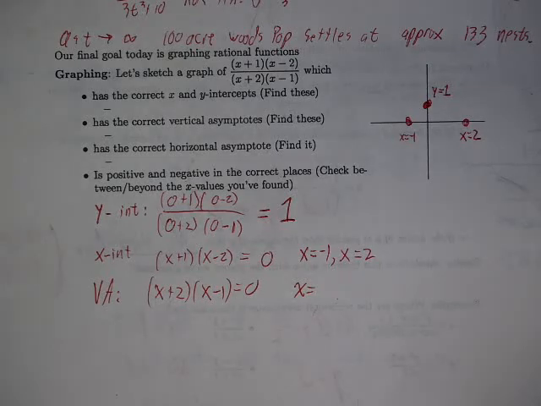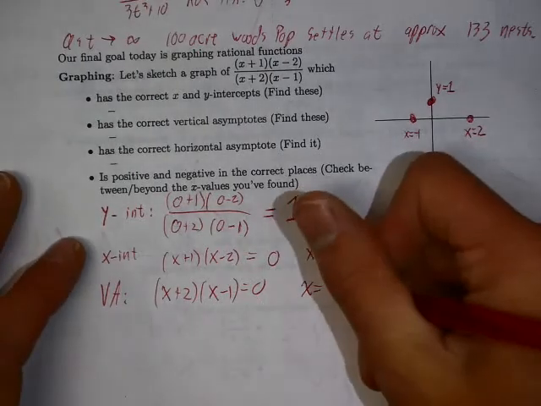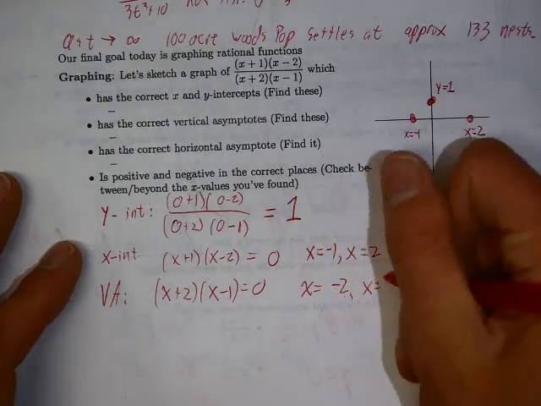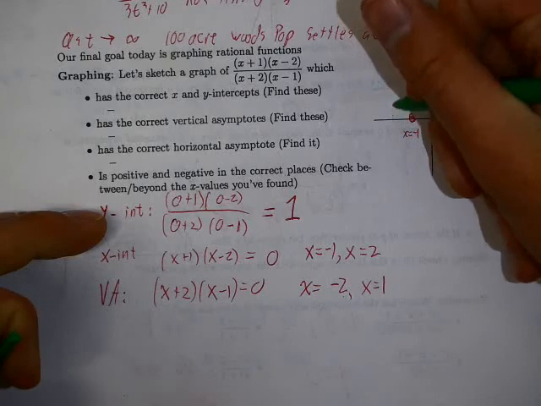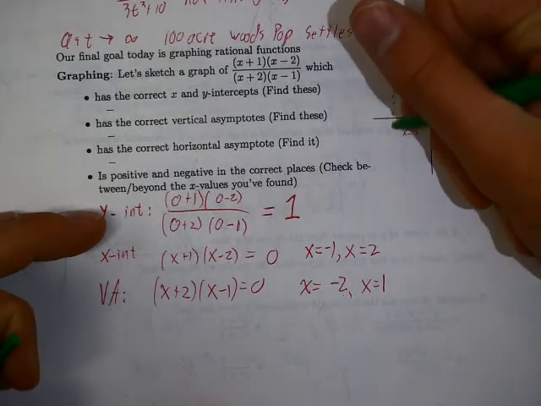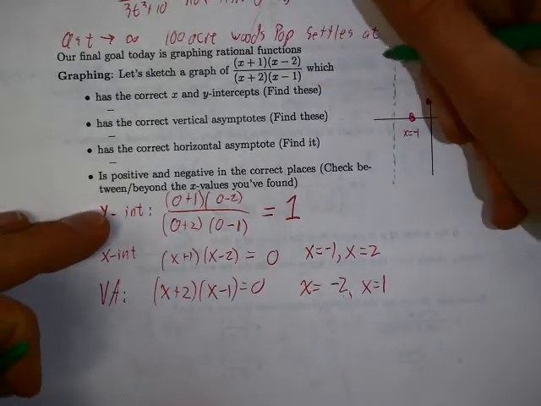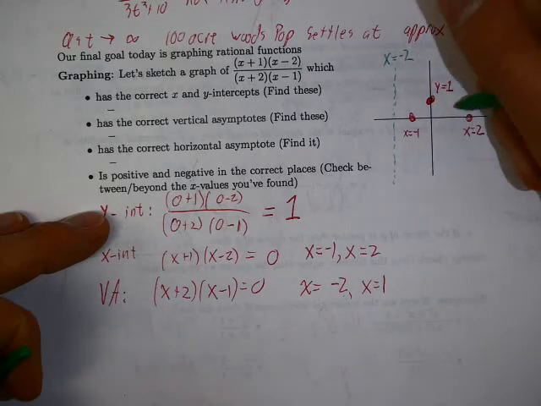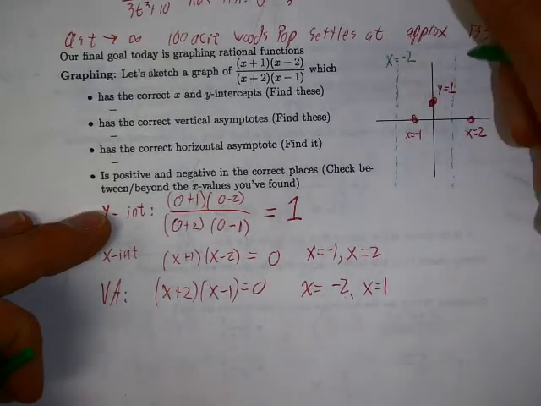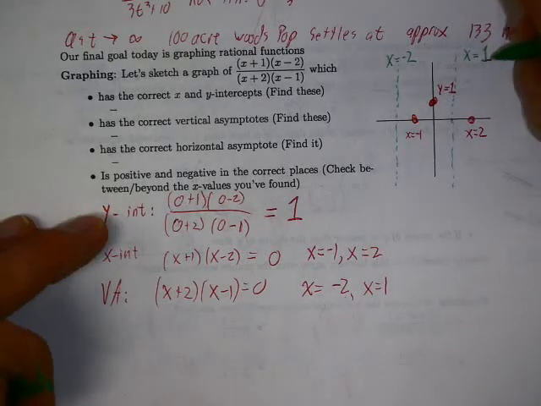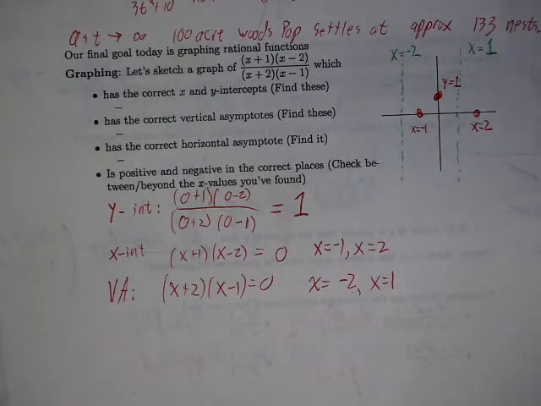So what are the solutions to that? x equals minus 2 and x equals 1. So vertical asymptotes, those are like vertical lines that the graph gets close to. So I'll sketch in those vertical lines: x equals minus 2, x equals 1. All right, how do we find the horizontal asymptotes?